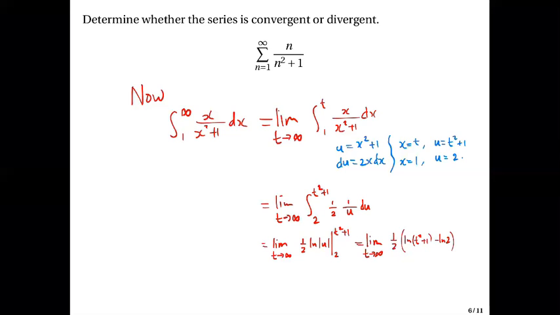And as t goes to plus infinity, t squared plus 1 will go to plus infinity. Ln of something going to infinity is also going to infinity. So this is equal to plus infinity, and therefore this is divergent.